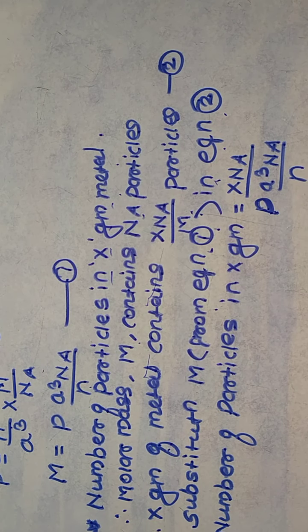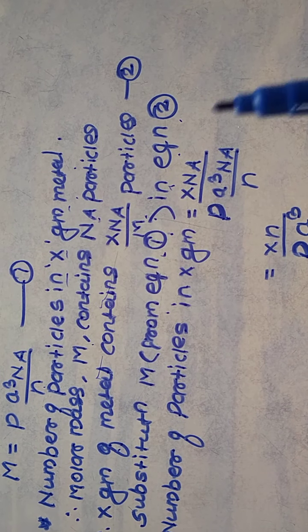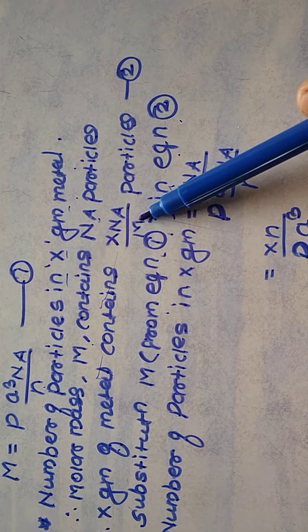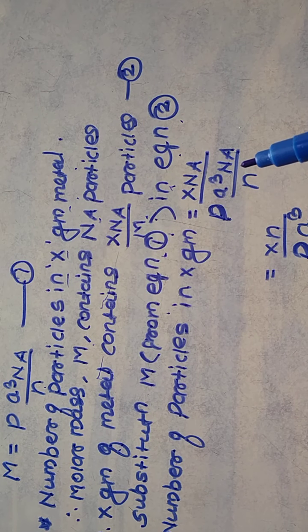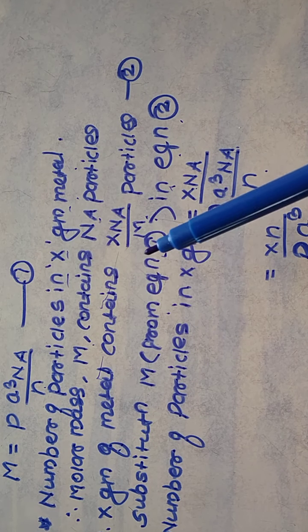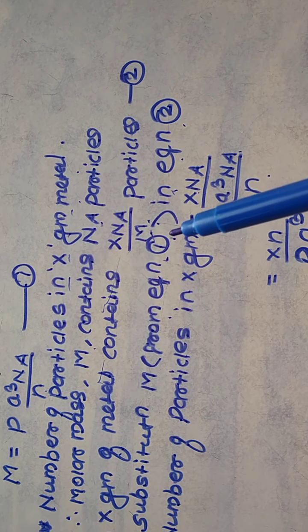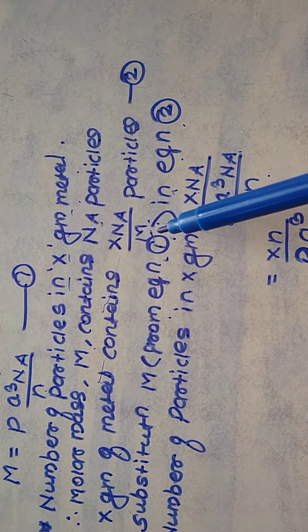I just put this value of M into this equation. So what will we get here? Number of particles in x gram is equal to x Na divided by rho a cube Na upon n. I just put M equal to rho a cube Na upon n in this equation.